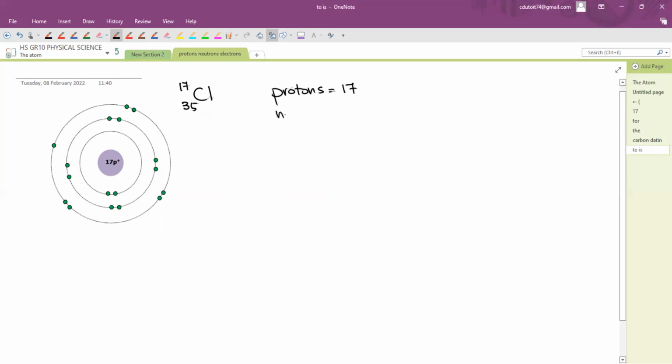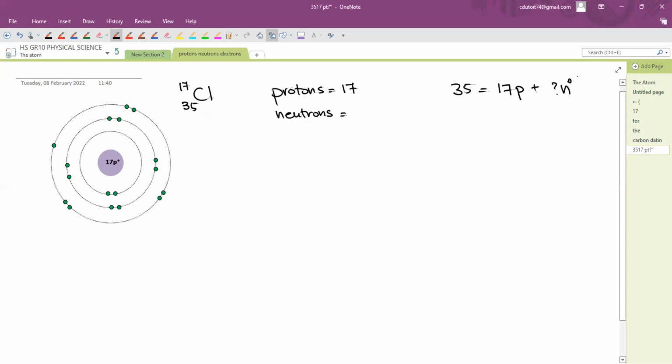And can anyone tell me the amount of neutrons? Come, Calvin. Neutrons. Look, 35 is his mass number. So 35 is composed of 17 protons plus, I don't know how many neutrons.